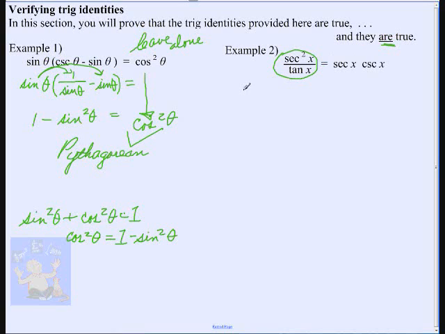So this could be written as secant x times secant x over tangent x, couldn't it? So it could also be written as secant x over tangent x.